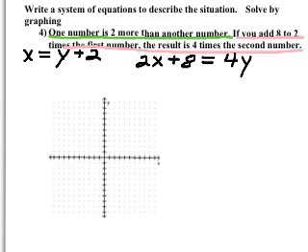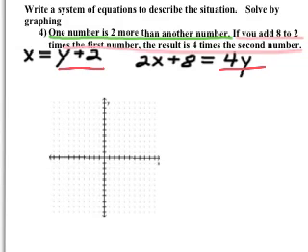Okay, so now notice that the y term is on the right side of both of these equations. So just to make it easier for myself, I'm going to switch sides, like they do in football at the quarters.